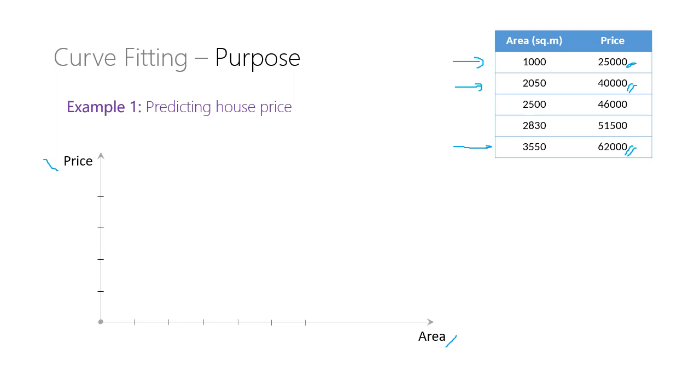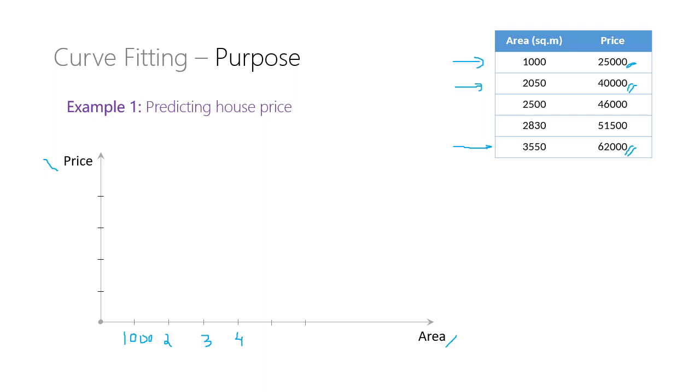So we'll start with x-axis. And the values are like this. So 1000 square meters, 2000 square meters. I'm not going to write complete value. So this is 3000 square meters and 4000 square meters. Similarly, on y-axis, the prices are like this.